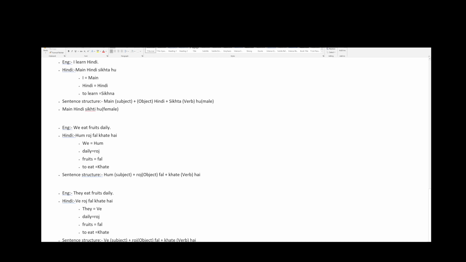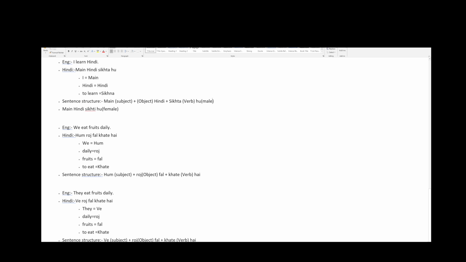My next sentence is we eat fruits daily. We, हम. Okay, रोज, daily, रोज. Fruits, फल, फल. To eat, खाना. हम रोज फल खाते हैं. Why खाते हैं? Because plural form, we, more than one person, right?